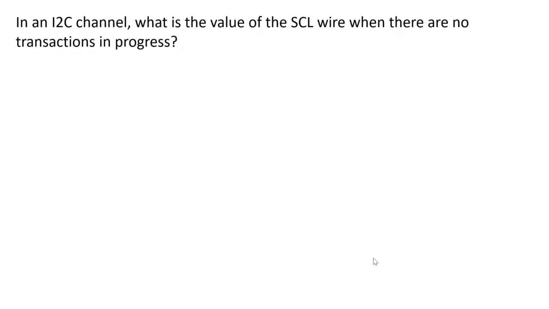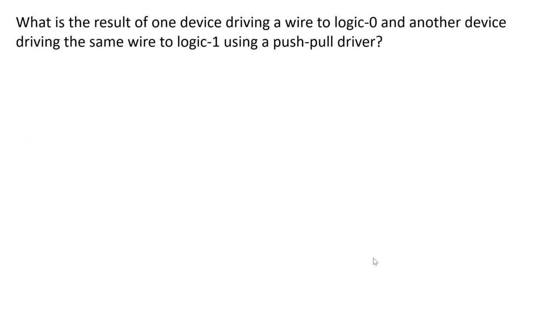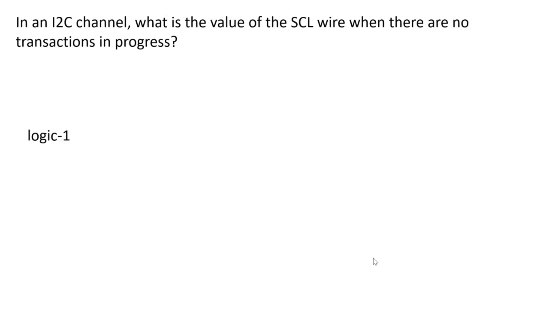In an I2C channel, what is the value of the SCL wire when there are no transactions in progress? 1, logic 1, meaning it's pulled up through the pull-up resistor. Of course, the pull-up resistor causes a voltage divider, so you're not actually at VDD, you're at less than VDD, because you're dropping a voltage over the resistor.